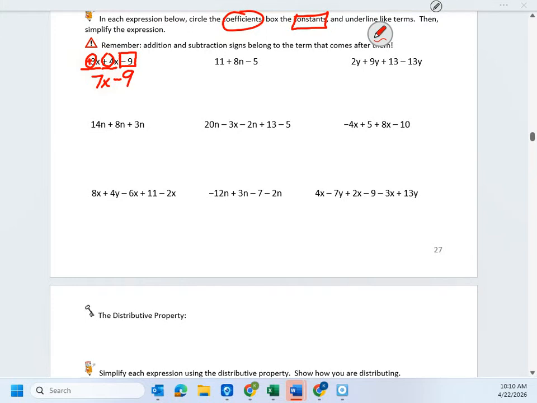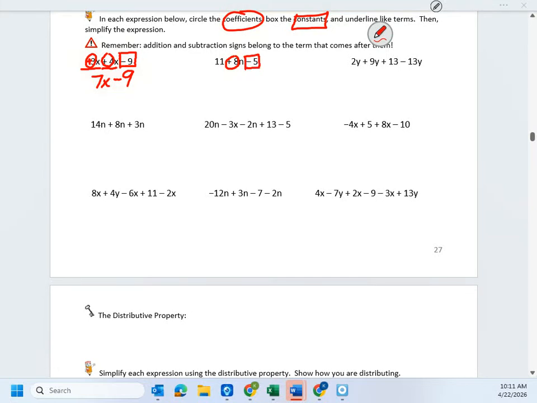So let's look at our next one. What are my coefficients? Clara? 8. Positive 8. I'm going to keep that plus 8 and turn it into a positive 8. What are my constants? Grace? Negative 5 and 11.